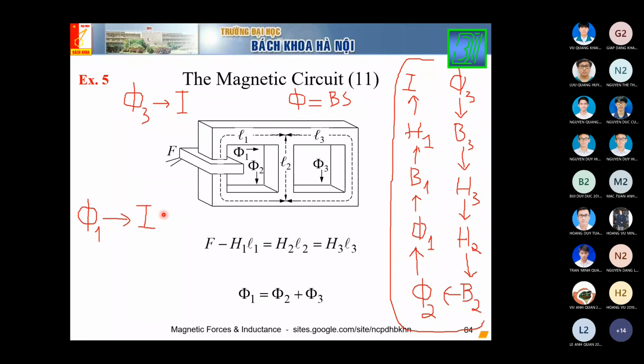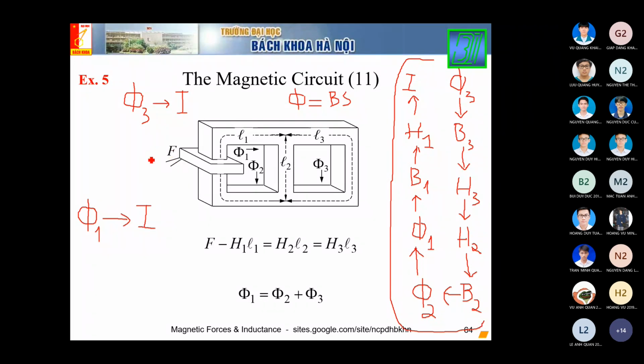What is the quantity F? What can you say once again? I can't get you. What is F? F is Ni. Yes, in this figure, F is Ni.